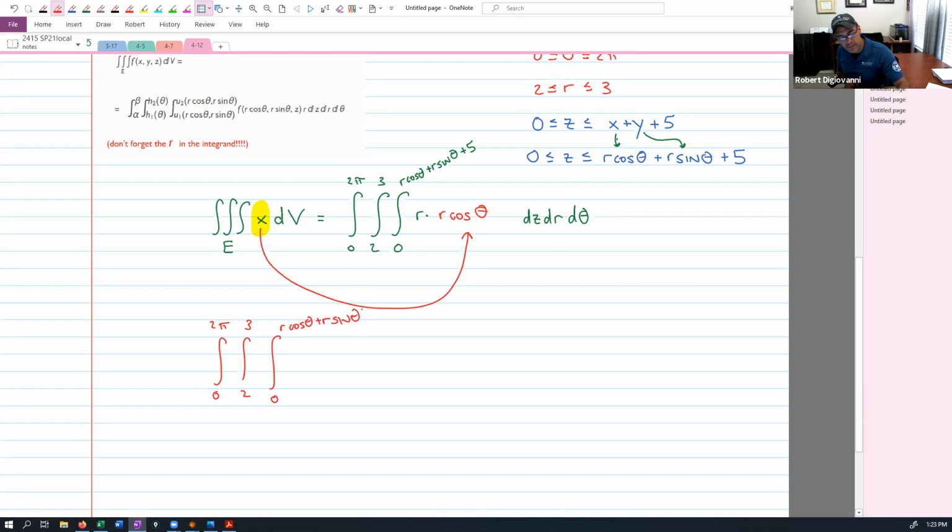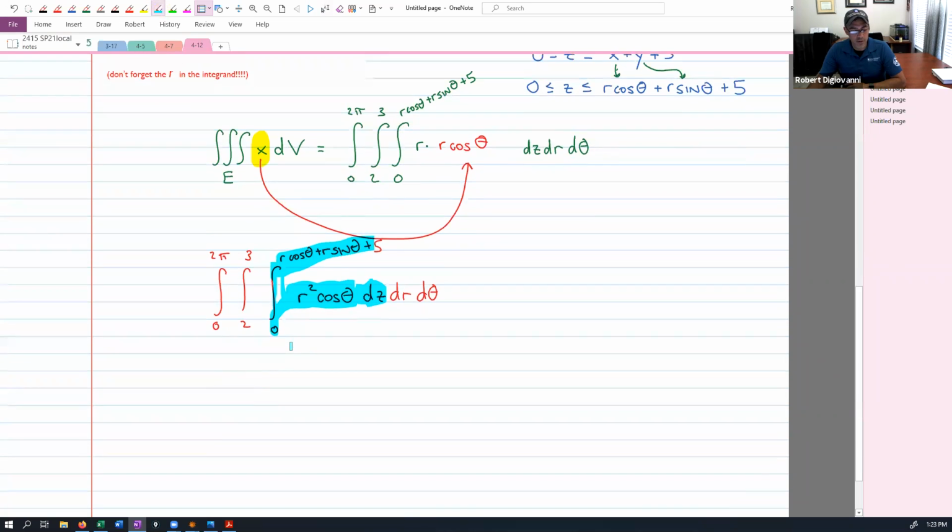I'm going to do just the first step of the integration, just to make sure you understand how to handle this, and then I'm going to stop. Okay, so the first integration, which means this first inner integral, is with respect to z, right? So that means we're going to be integrating r squared cosine theta with respect to z, meaning we have to treat r and theta like constants.